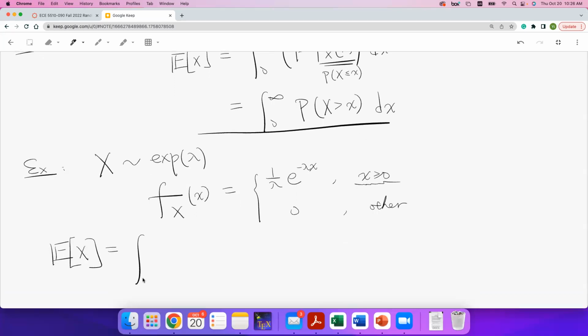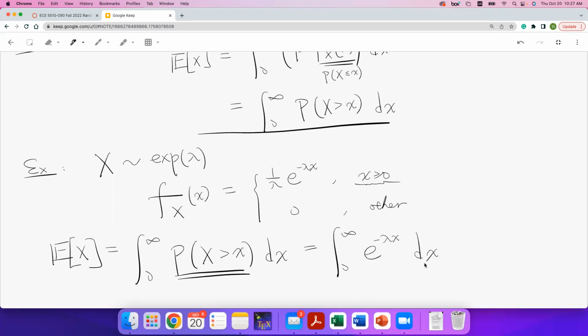So the expectation is this integration. And using the PDF, you can calculate this probability. You do another integration to calculate this probability. You can get e to the power of negative lambda x. And then you plug it into this integration, you calculate this integration, you can get 1 over lambda.